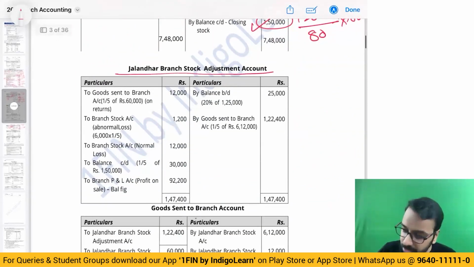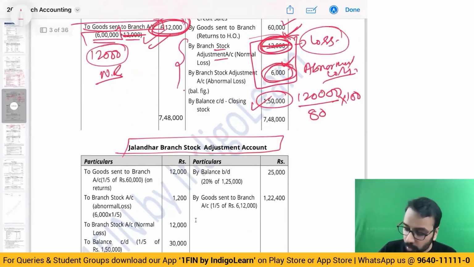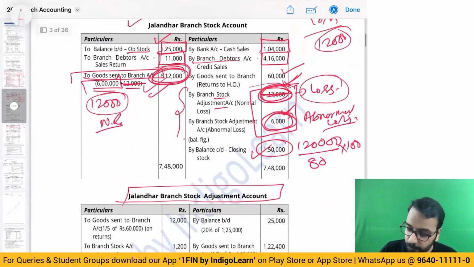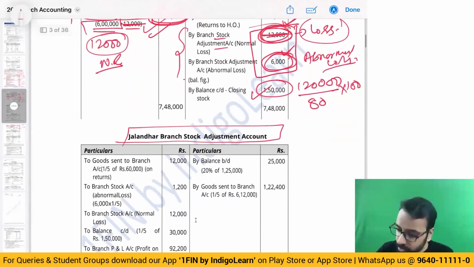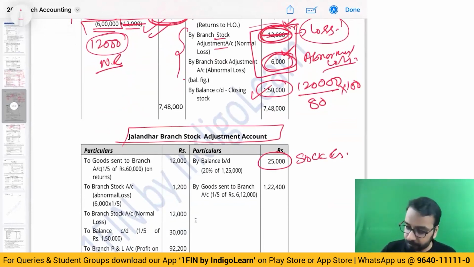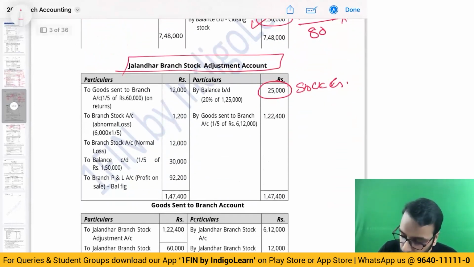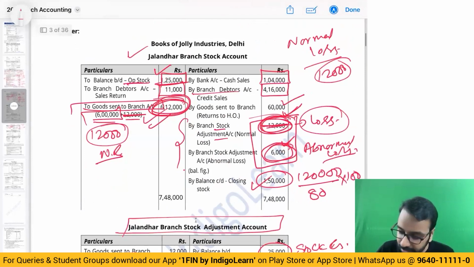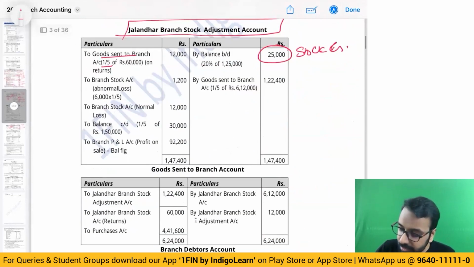Then coming to the branch stock adjustment account, which is the next important account that we need to prepare. On opening stock, 1,25,000, you have 25,000 of stock reserve. Then on goods sent to branch account, first we'll do the goods sent to branch account directly. 6,12,000.